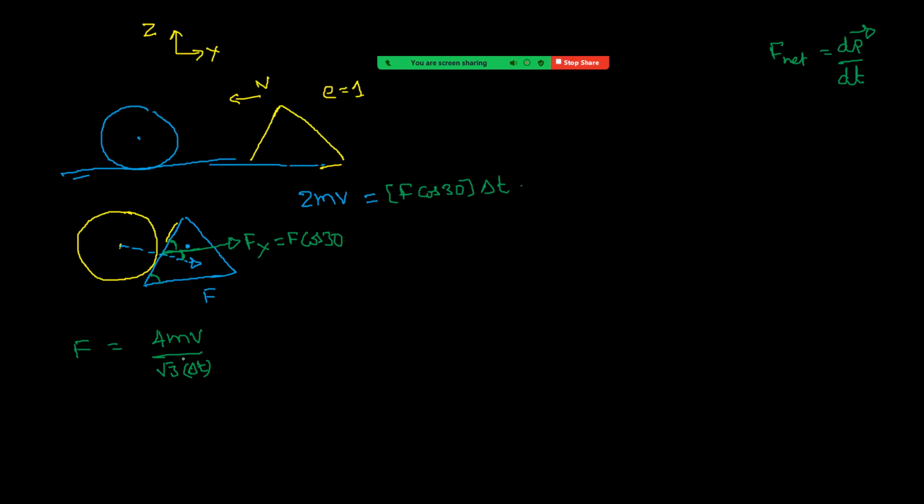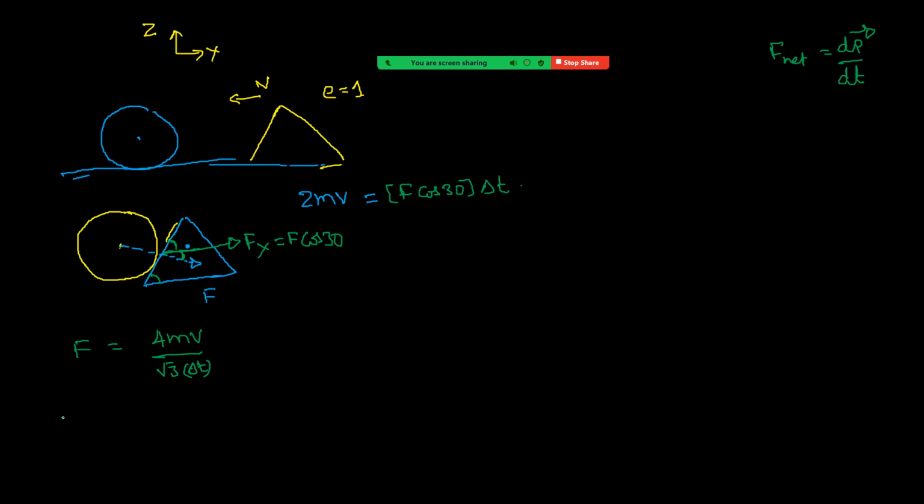It's asking force, right? Force on this wedge. So if you want to take it now in vector form, we got F cos 30 i cap, and the remaining is F sin 30.